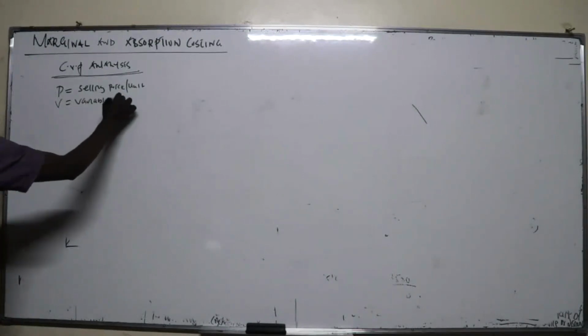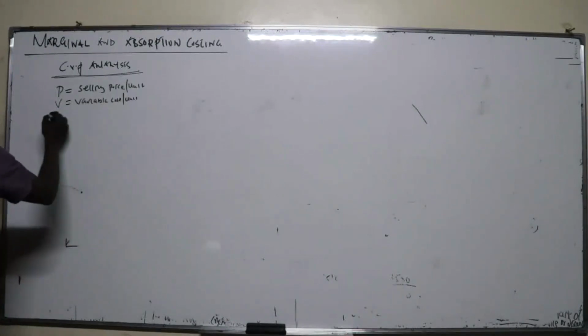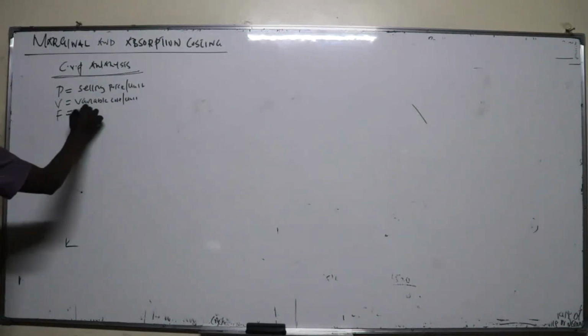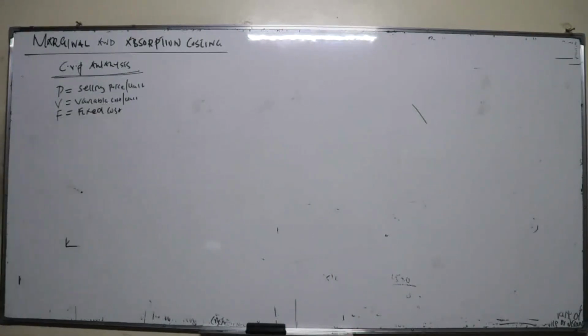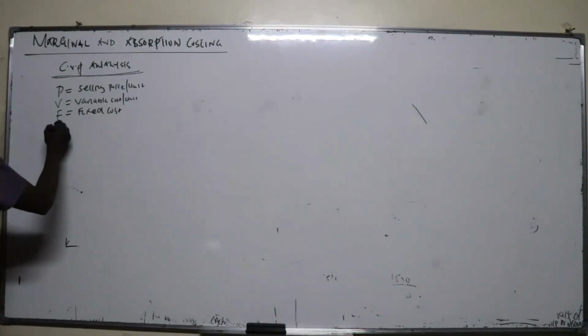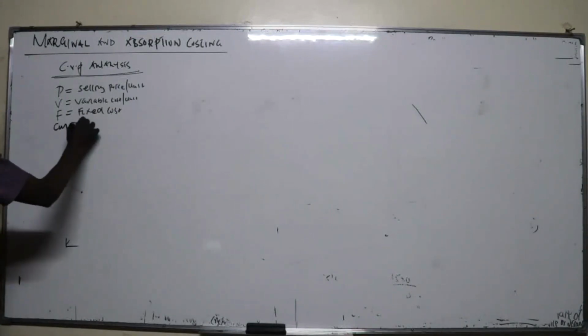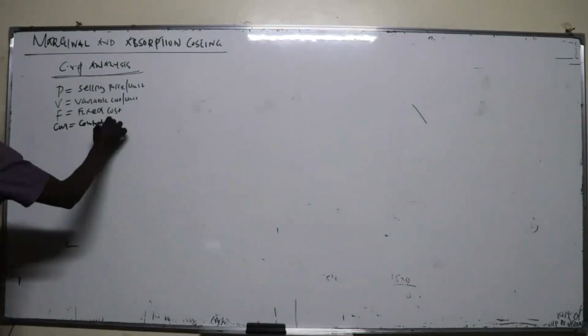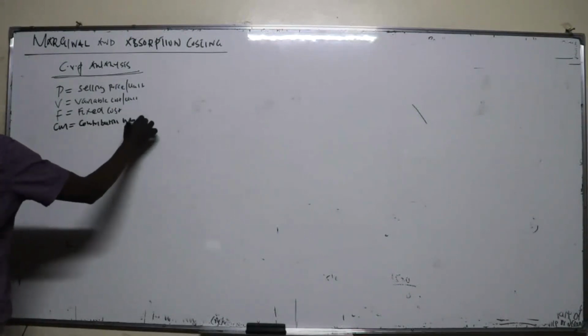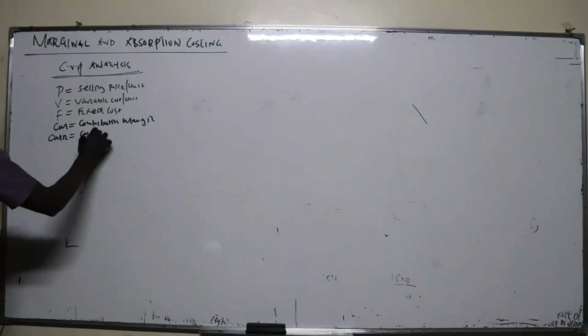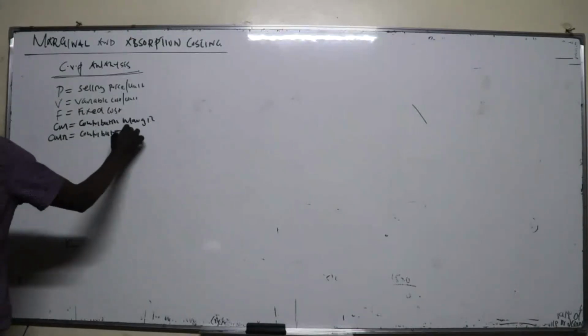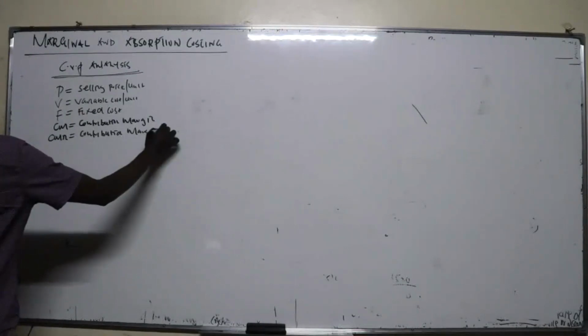F stands for fixed cost. CM stands for contribution margin. CMR stands for contribution margin ratio.